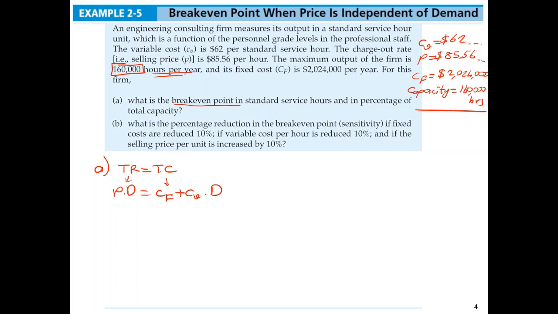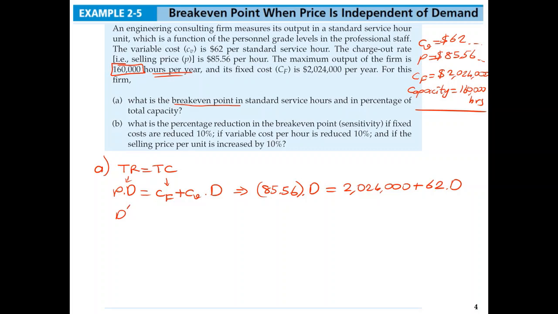Let's just plug in the values. P is 85.56 times D, and we want this to be equal to 2,024,000 CF plus CV 62 times D. We want to solve this equation for D, and from here you will get the break-even point.